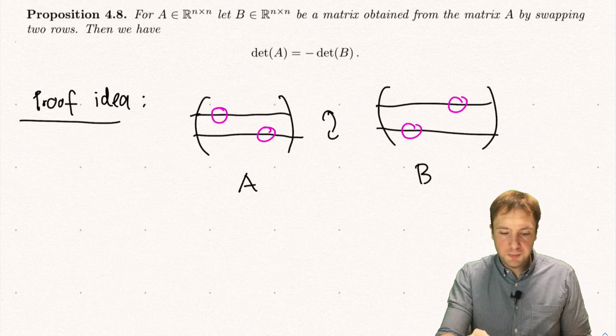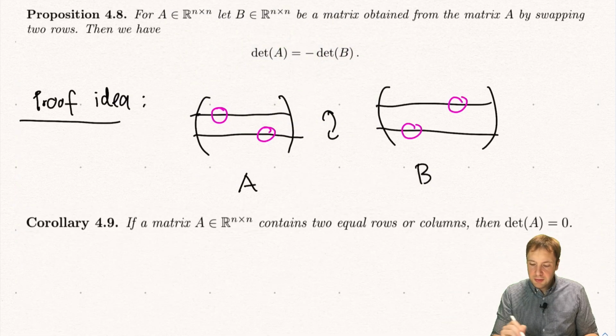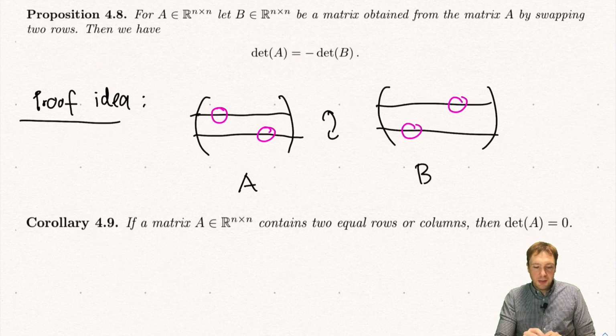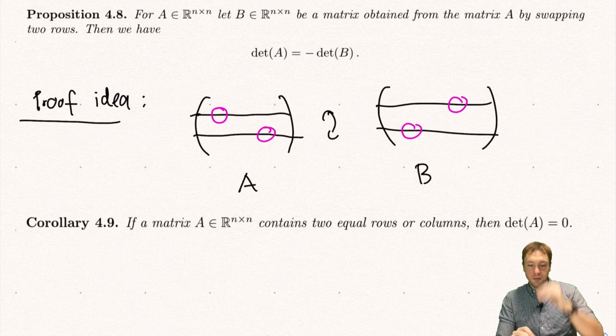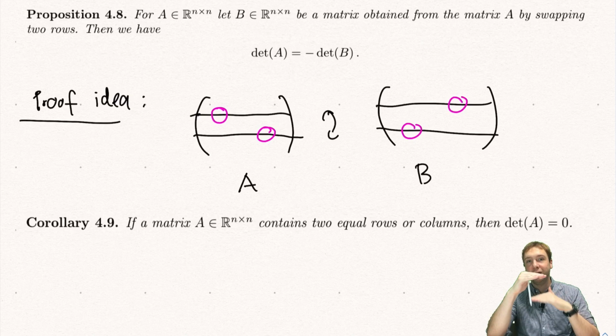of this matrix. And one consequence of this is the following, namely if I have a matrix A where two columns in the matrix are the same, then the determinant of this matrix is 0, because if I swap these two columns, then of course I don't change the matrix because they are the same.